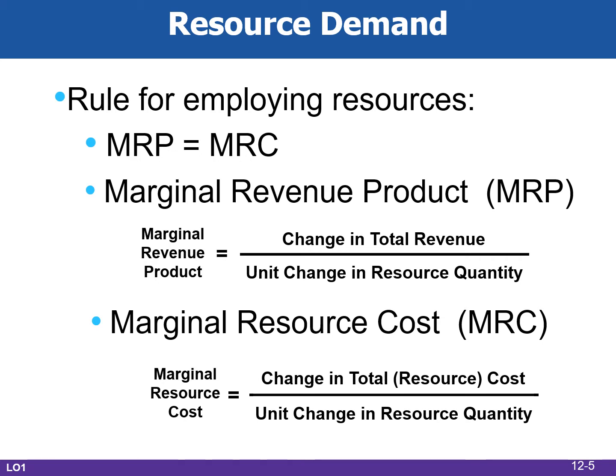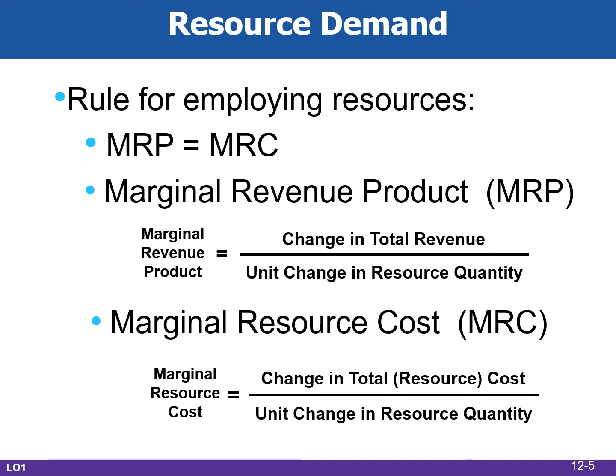In other words, instead of examining the firm's level of output to determine how many units the firm should produce to maximize profit and minimize loss, we're now determining how many units of input, how much resource should the firm employ in the short run. So the rule is MRP equals MRC. What is MRP?